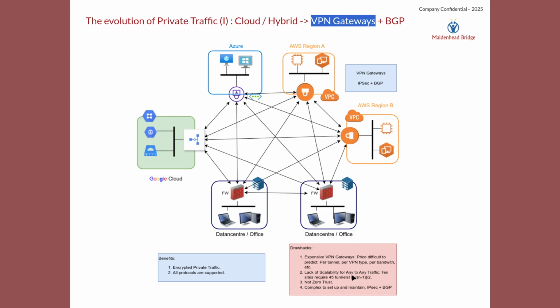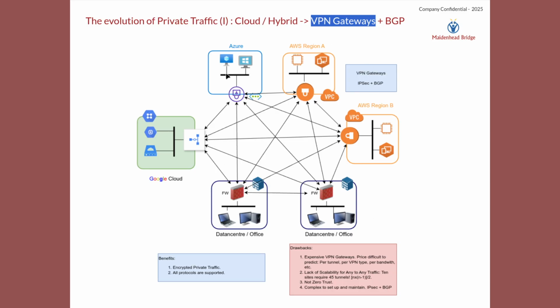And the formula is 10 times 9 divided by 2, so you need to create 45 IPsec tunnels. It's impossible. Every time you add a new one, it's impossible to manage, impossible to configure. This configuration is nonsense. This is where the connector comes to the rescue.